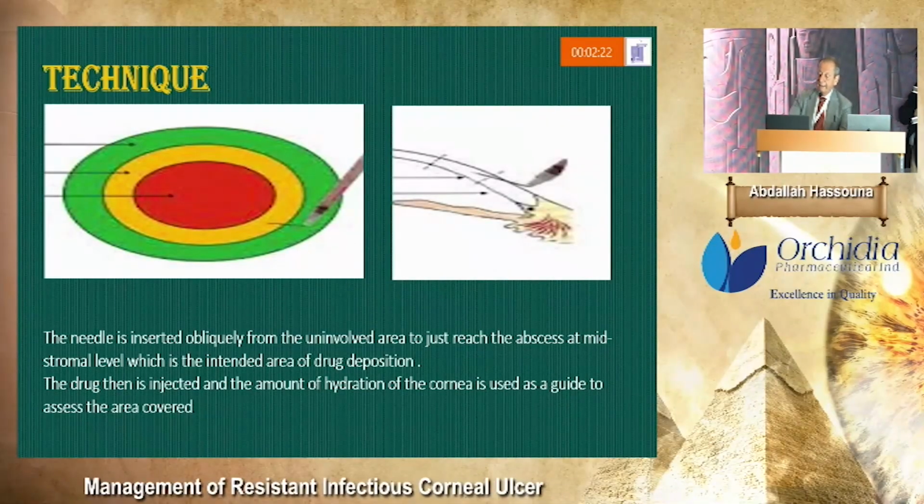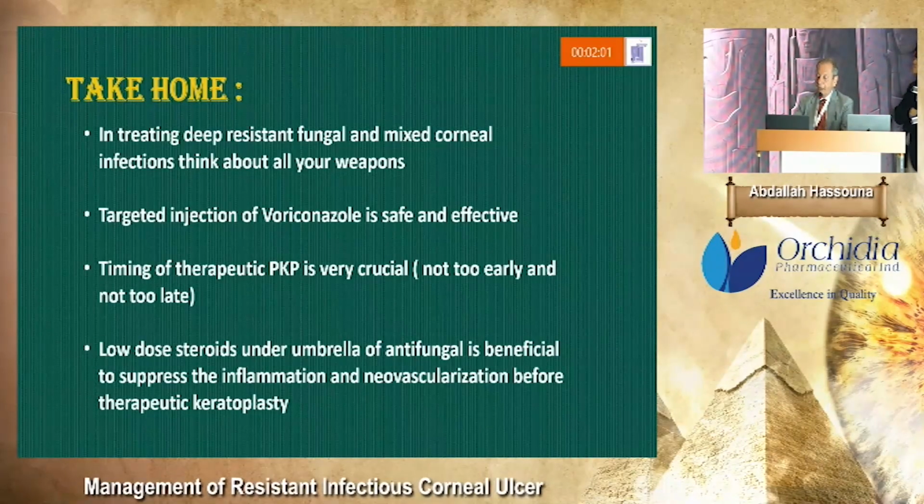And again, this is how you go. You go from the green part, the healthy cornea, at the edge of the yellow part where the abscess begins, and you take care of the thinned area, and the drug is injected until there is hydration of the cornea, as we also see this blanching of the stroma.